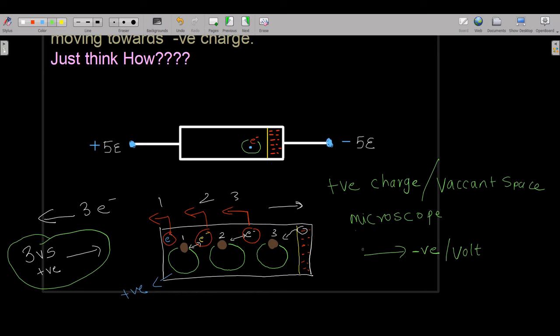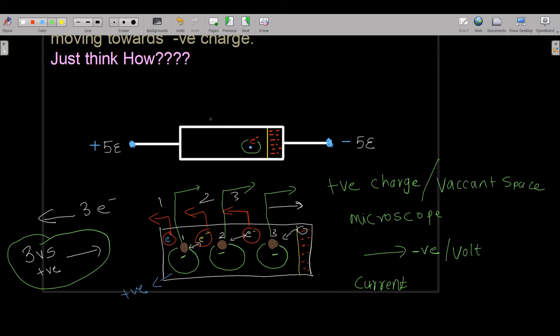Forget that, just consider negative charge. This particular phenomenon is known as current. I hope you are getting me. So what is known as current is that these 3 positive charges are moving towards this direction, that means negative voltage. I hope you are getting me. So this particular phenomenon is known as current.